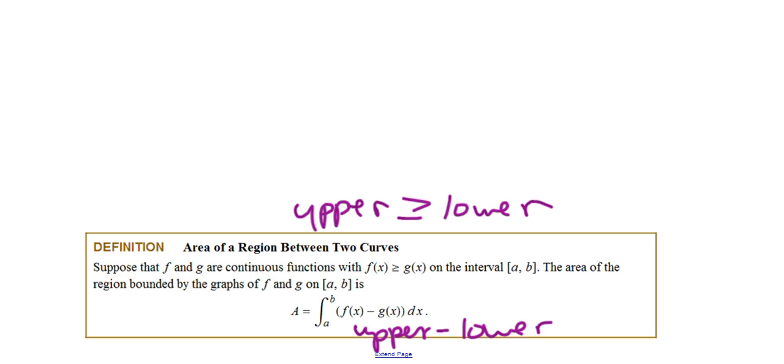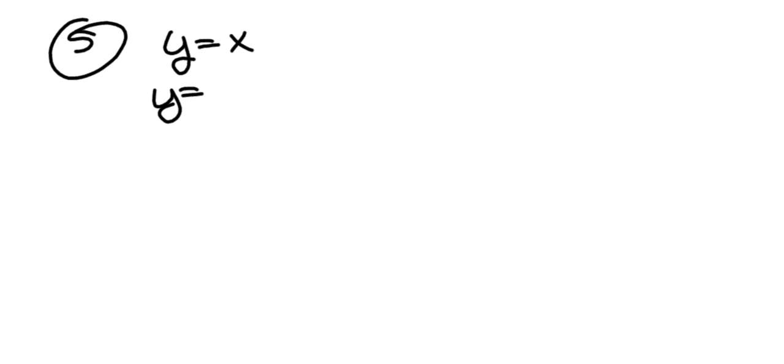So let's go ahead and do a couple of examples of those. I have for us number 5. We're given the functions y equals x and y equals x squared minus 2. Now, if you're not sure which one's the upper or the lower, you can definitely go ahead and graph this. You don't have to, but you do have to know the principles of what you're graphing.